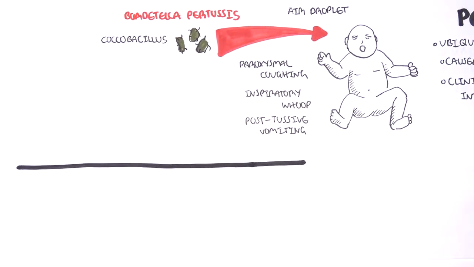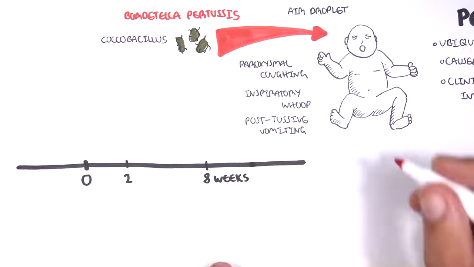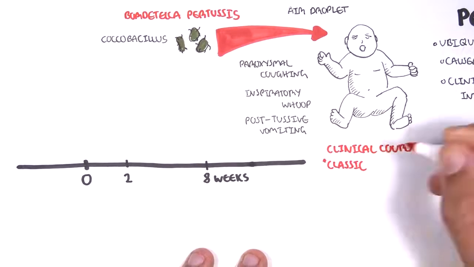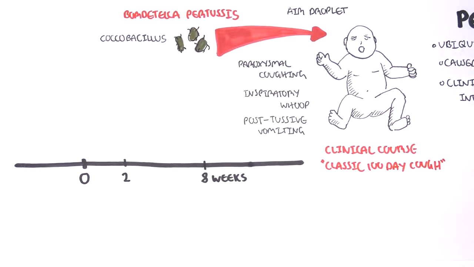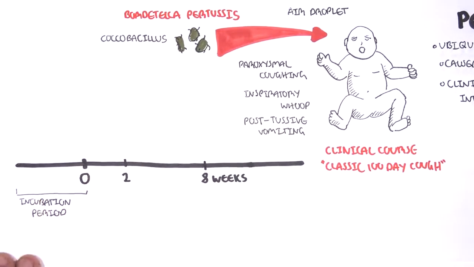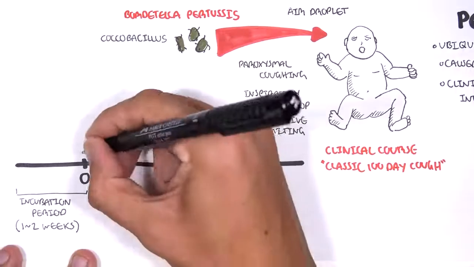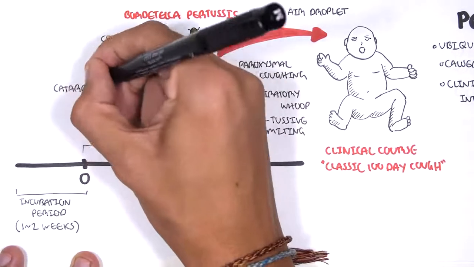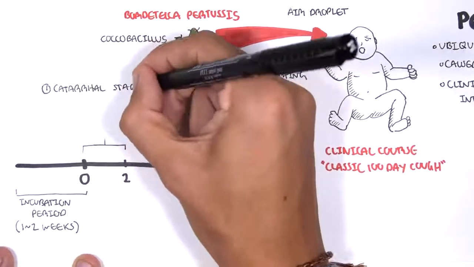As mentioned, the clinical course is a classic 100-day cough. And the 100-day cough can be divided into 3 stages. Of course, there's an incubation period, which is about 1 to 2 weeks before symptoms start coming up. So the first stage is the catarrhal stage, where the person who has the infection becomes highly contagious.